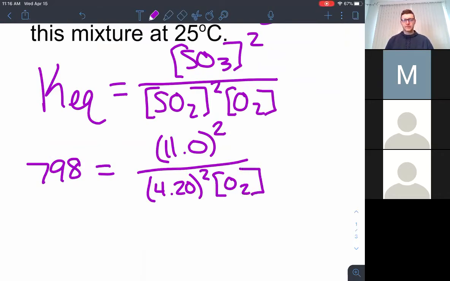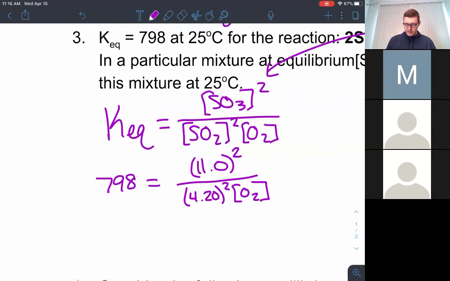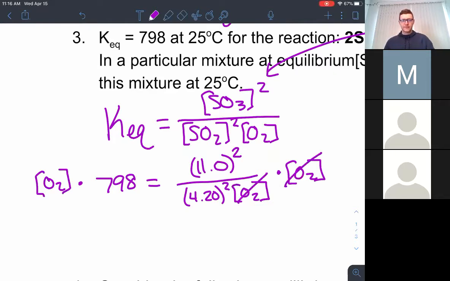All right. There are multiple ways to start this, but the first thing I would say we do is multiply both sides by the concentration of oxygen. So we're going to take this and multiply it by O2, and we'll multiply it by O2. That way, the concentrations of oxygen cancel out over here, and we've moved it over to the other side.